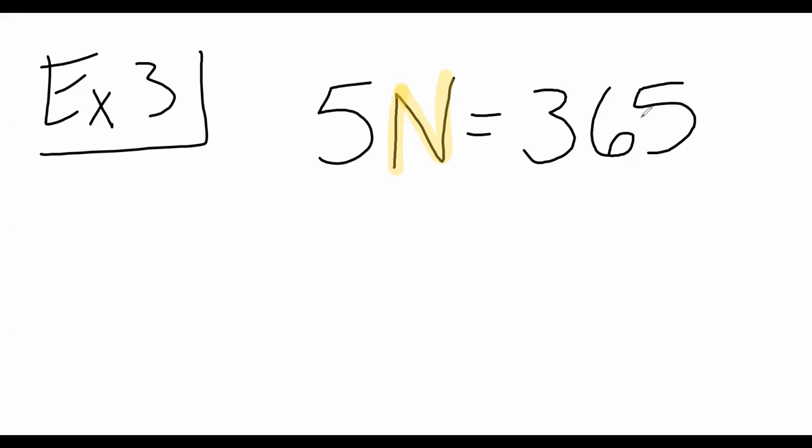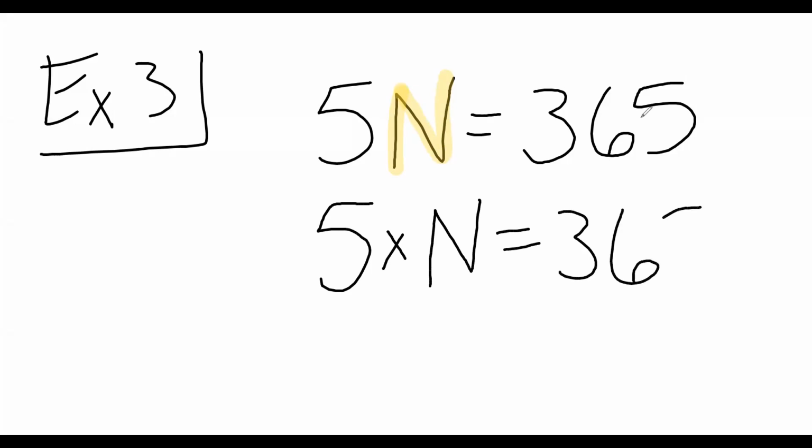The way this is written is 5 times n equals 365. Whenever you see a variable like a, b, c, d, x, y, or z next to a number, that means the number times your letter. So 5 times n equals 365. How would I solve for n here, Ian?